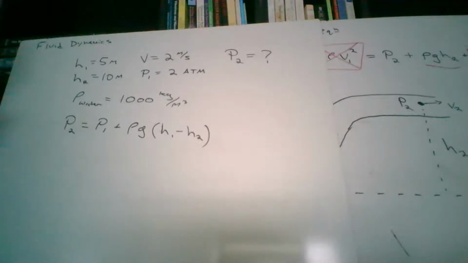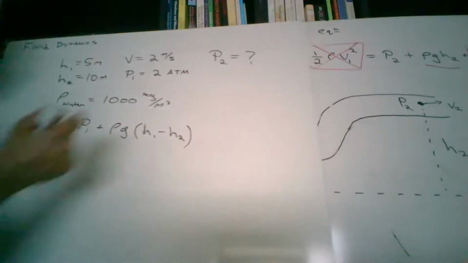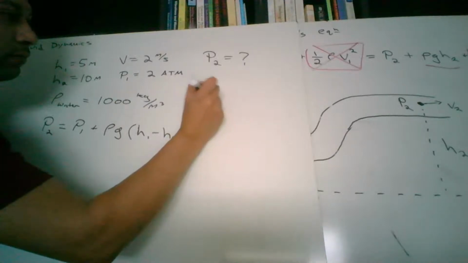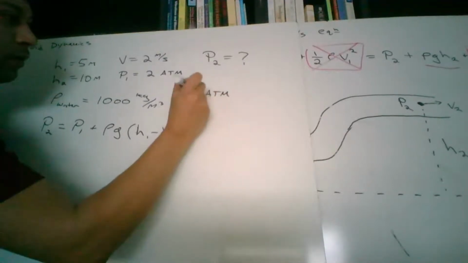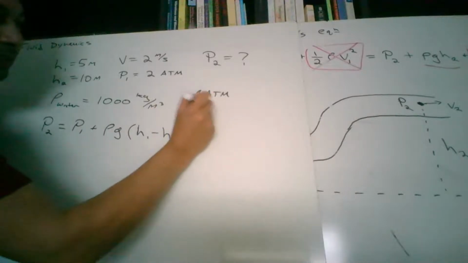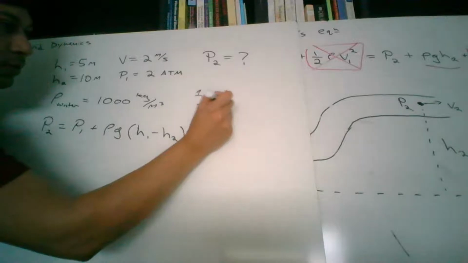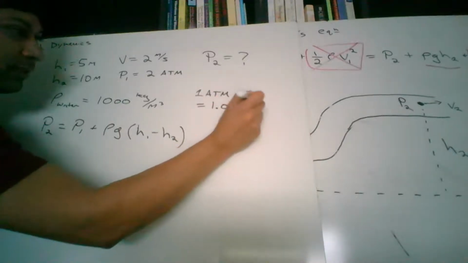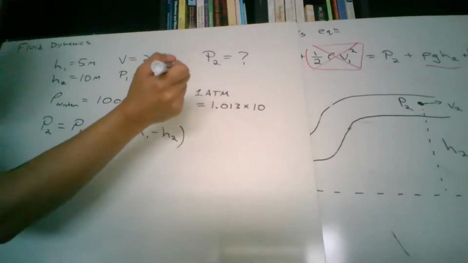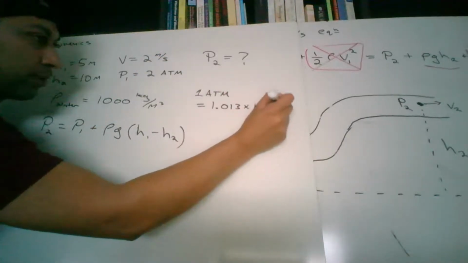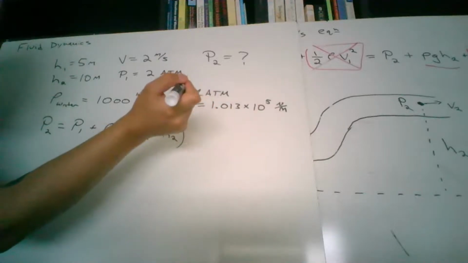What do we want to write this in? Let's see here. We'll put everything in terms of ATM. So 1 ATM, one atmospheric unit, is equal to 1.013 times 10 to the power 5 newtons per meter squared.